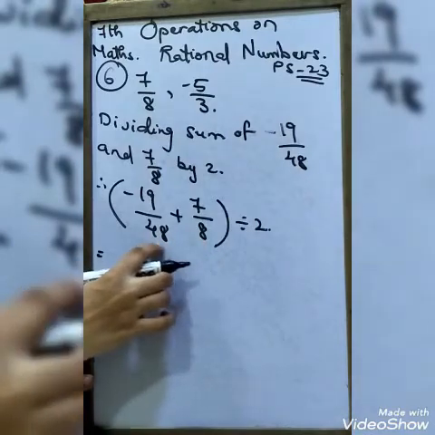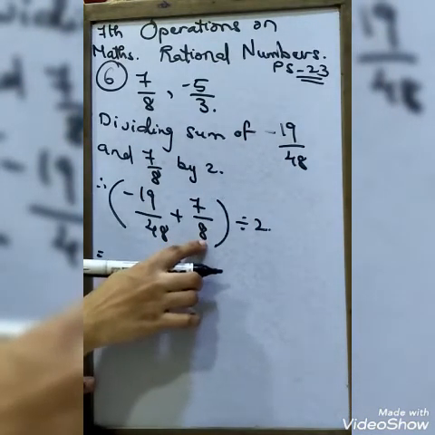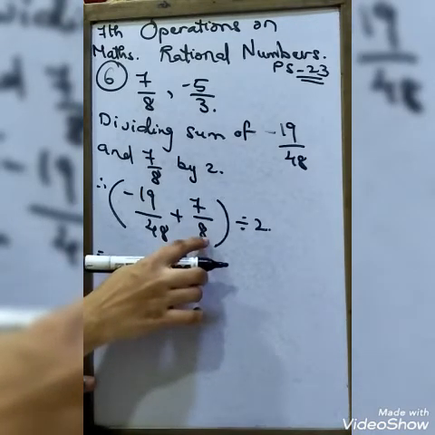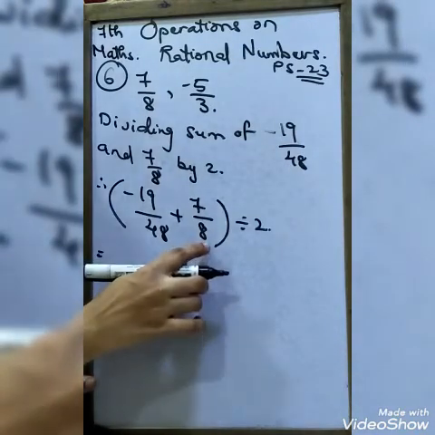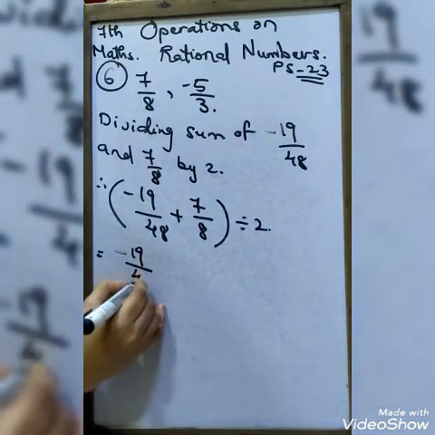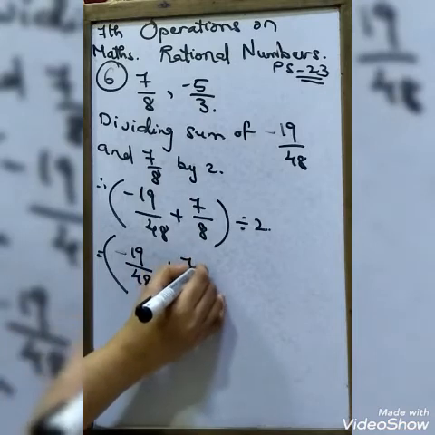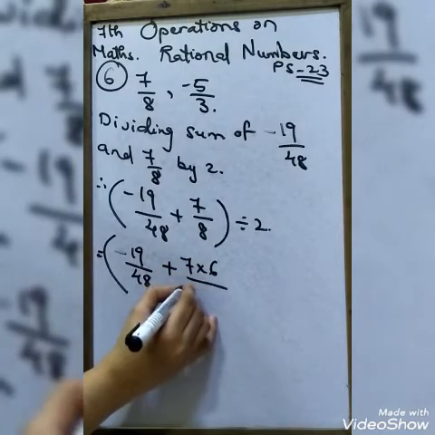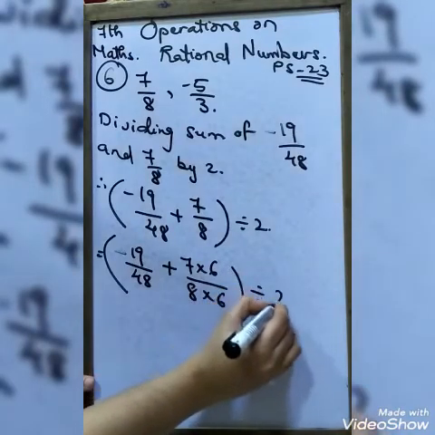Now if we compare both the denominators, again they are different, so we are supposed to make the denominators equal. So 48 comes in the table of 8, so we will multiply the 8 by 6. Minus 19 upon 48 will remain as it is. Now plus 7 into 6 upon 8 into 6, divided by 2.